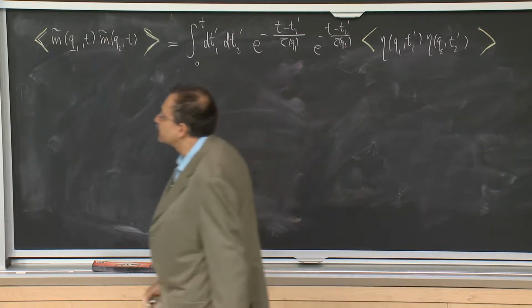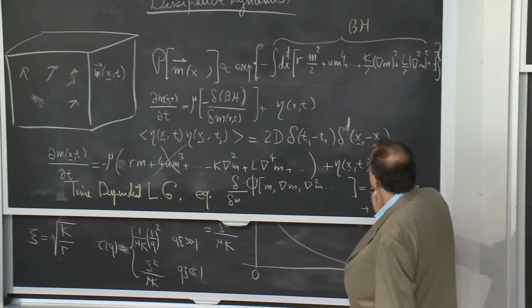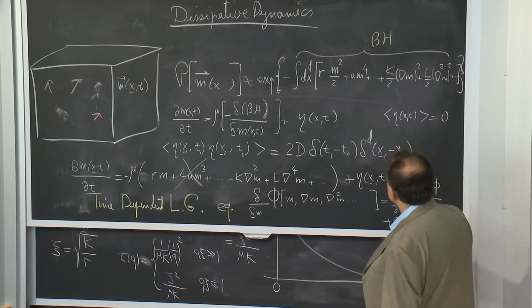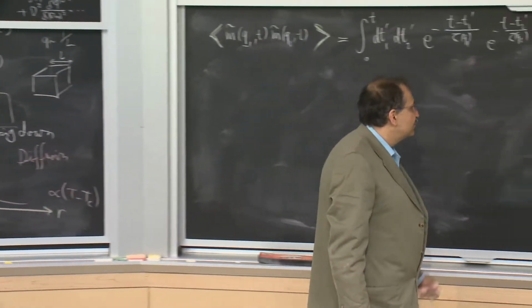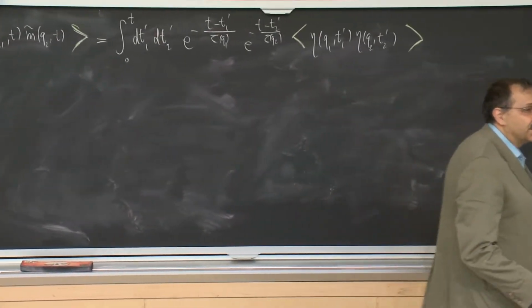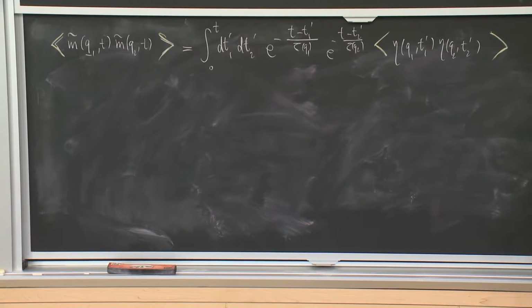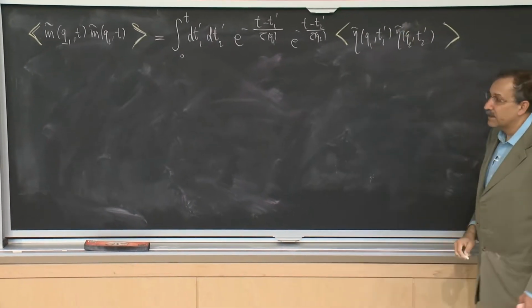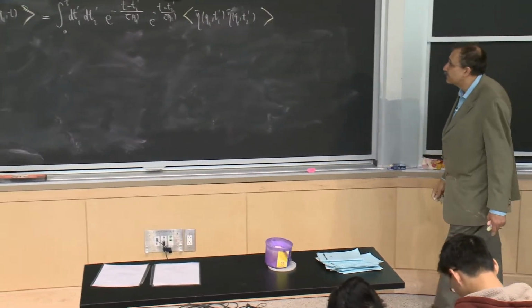Now, one thing that I forgot to mention right at the beginning is that, of course, the average of this we are going to set to 0. It's the variance that is important. So if I do that, clearly the average of one of these things in Fourier space would be 0 also, because the Fourier Q is related to the real space eta just by an integral. So if the average of the integral is 0, the average of this is 0.